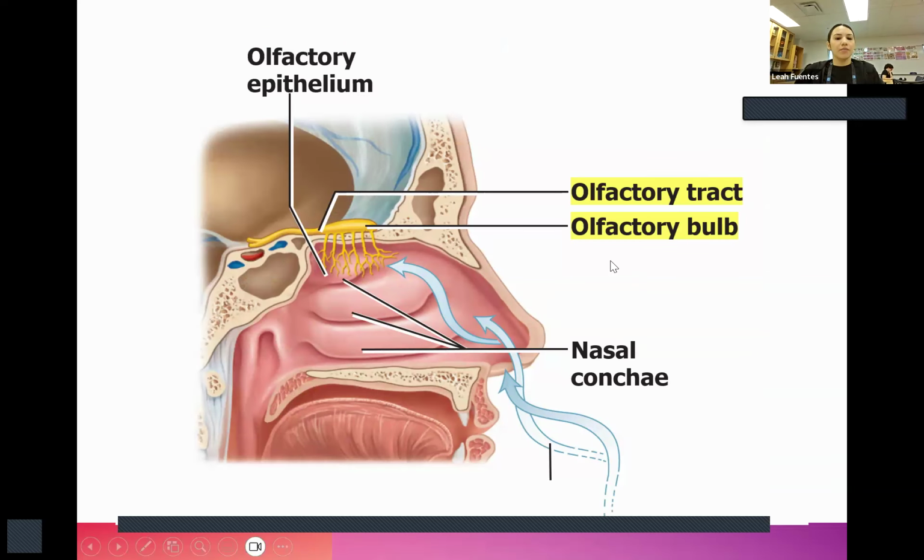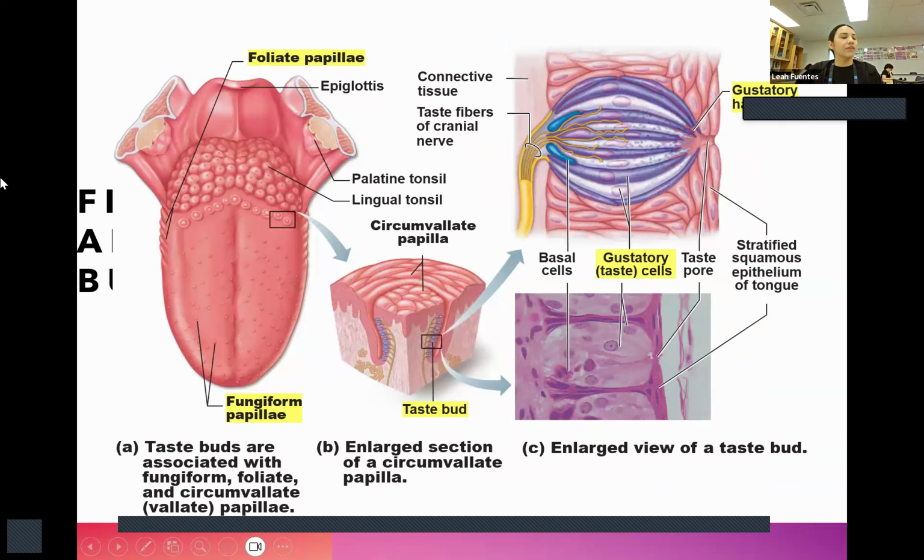Okay, and then this is regarding cranial nerve 1, olfactory. We have that olfactory bulb, and then the tract, and how that pertains to smell. And then this is one of the last things covered on your lab exam. I believe this is in your very last worksheet.